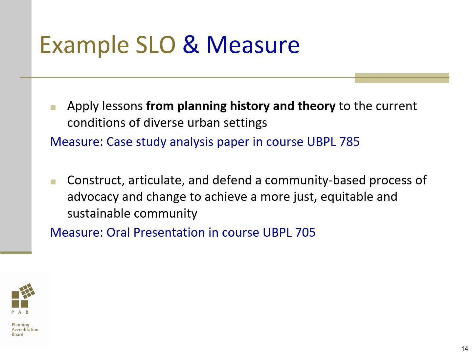Or number 2, oral presentation in course UBPL 705. The program uses an oral presentation in course UBPL 705 to assess the student's ability to construct, articulate, and defend a comprehensive advocacy process, ensuring they can give an effective presentation while applying theoretical knowledge to real-world scenarios.